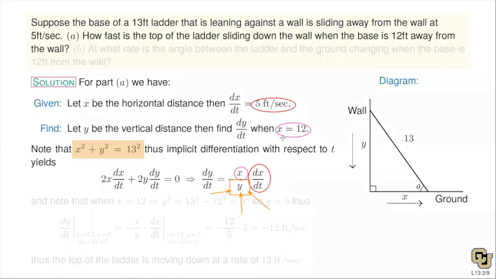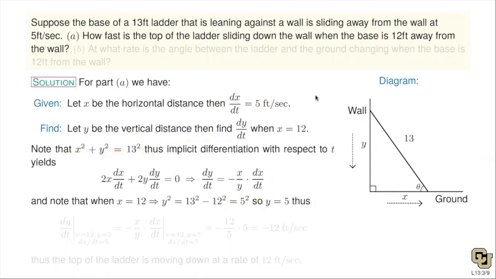A common Pythagorean triple is 5, 12, 13, or you can do the math. You can use the Pythagorean theorem to show that y squared equals 5 squared, and y is measuring a height, so it has to be non-negative. So y equals 5. Mathematically, if y squared equals 5 squared, y could be plus or minus 5.